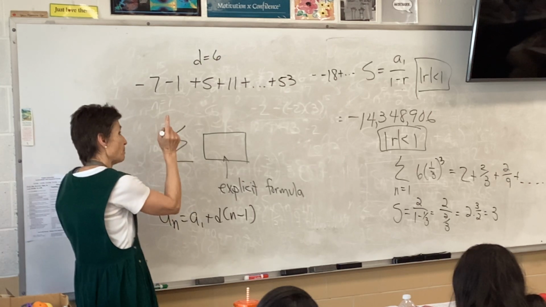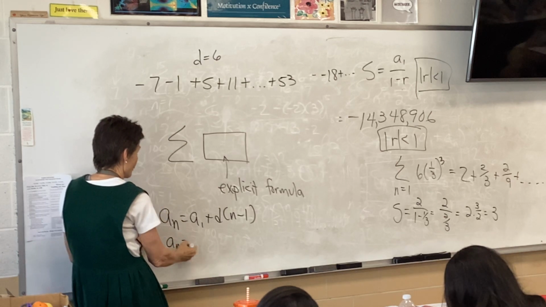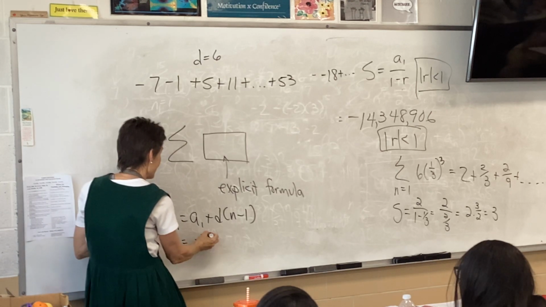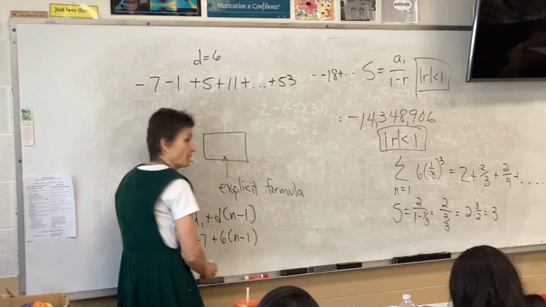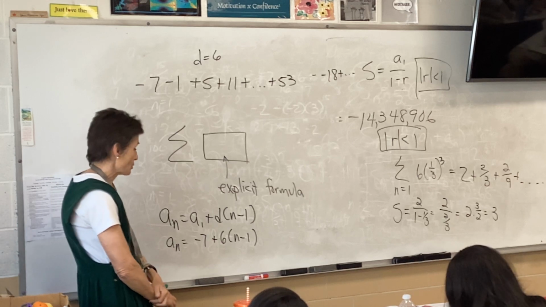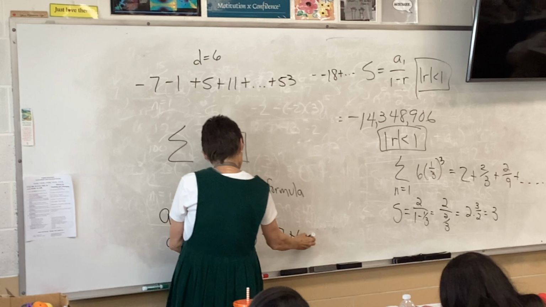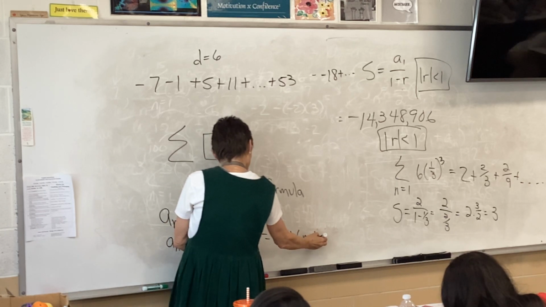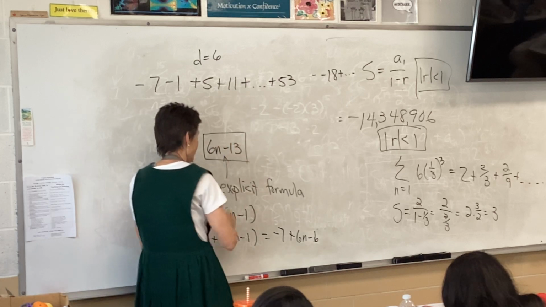For this particular problem, the nth term is -7 plus 6 times n minus 1. Would you agree with that? Yeah. So let's multiply that out and collect like terms. Did you get 6n minus 13?